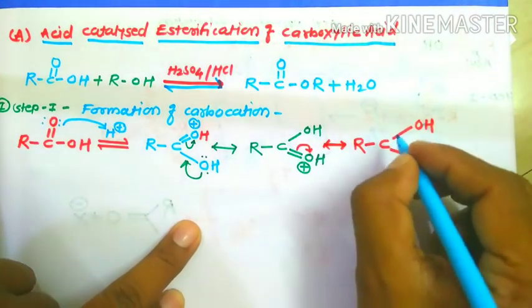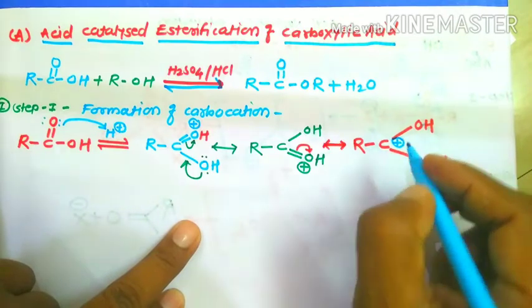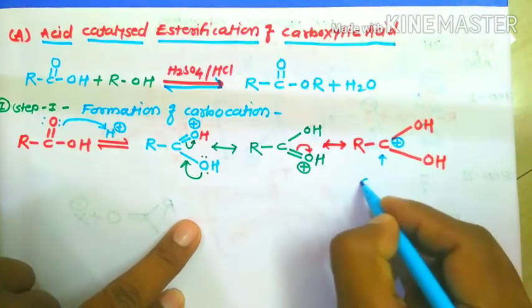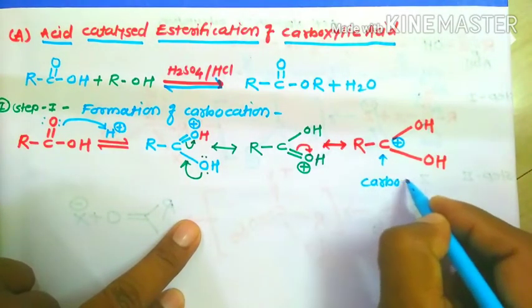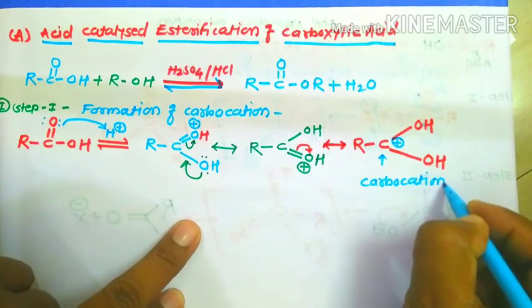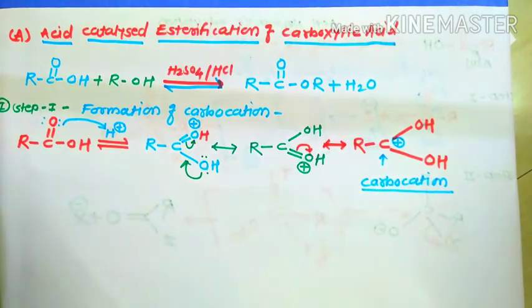This carbon contains positive charge, which is known as carbocation. This is step first, formation of carbocation.